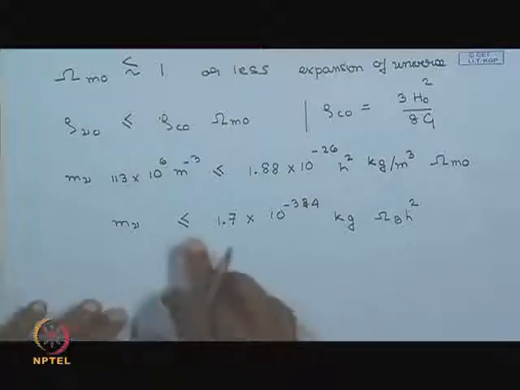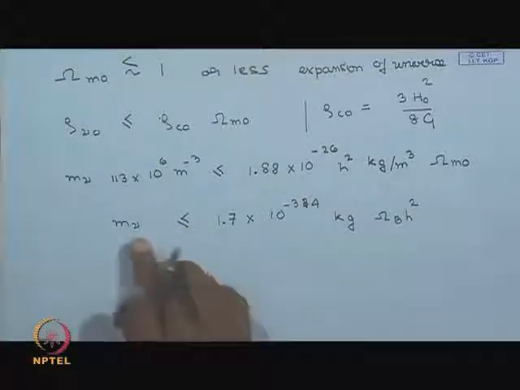So, this is the constraint that we get on the mass of the neutrino.